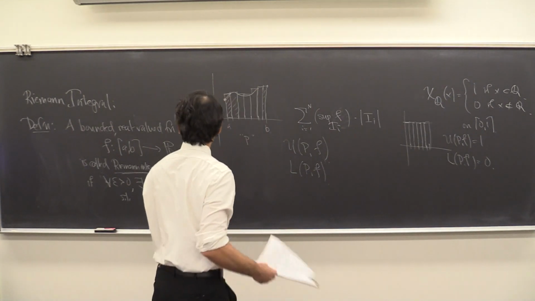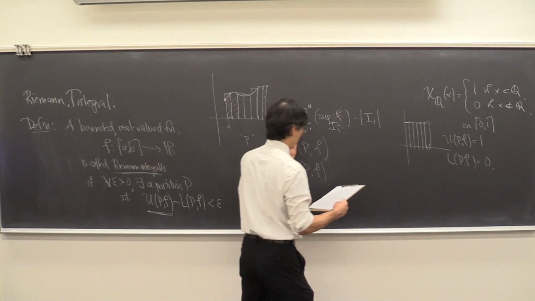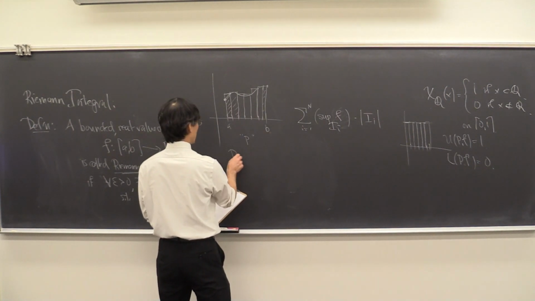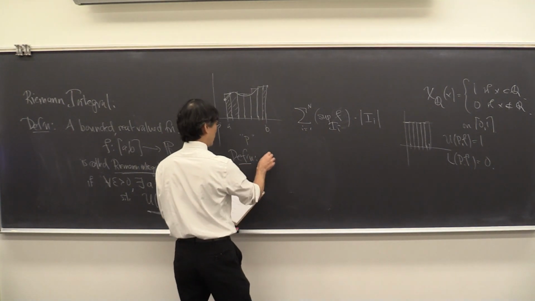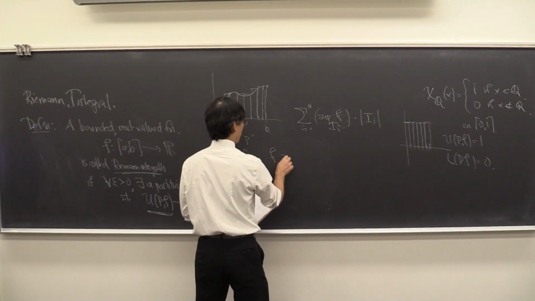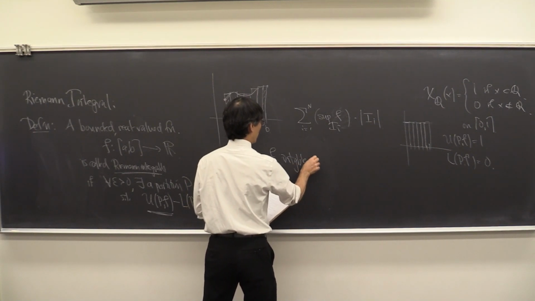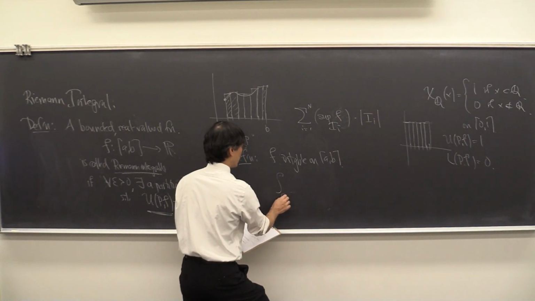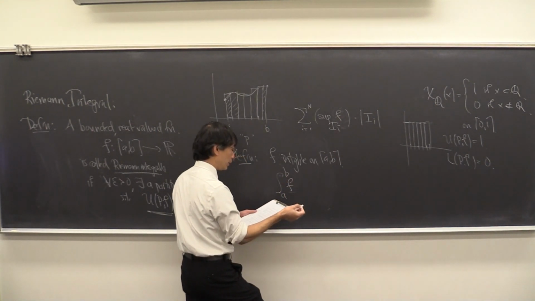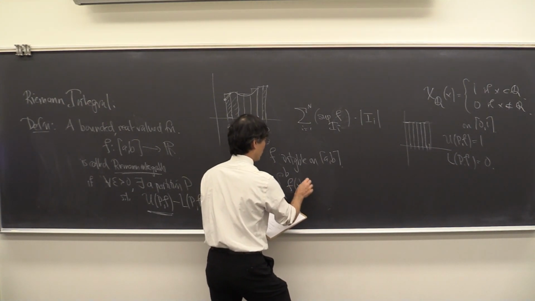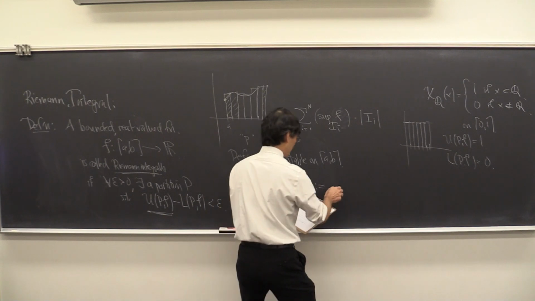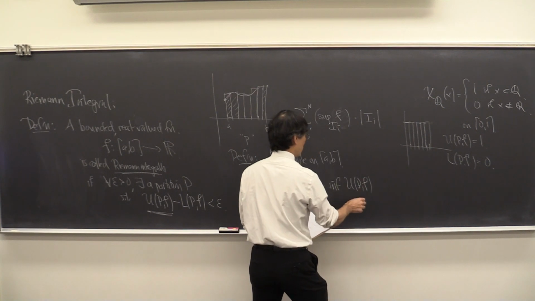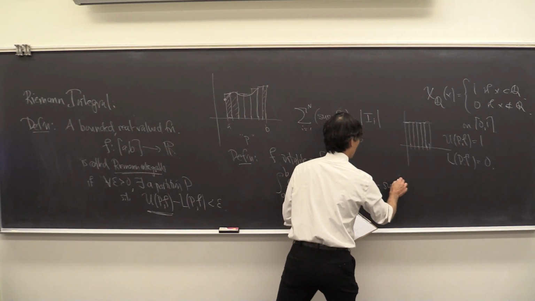Now, a definition: if f is integrable on [a, b], then we define the definite integral as the infimum of the upper sums, which is going to equal the supremum of the lower sums.